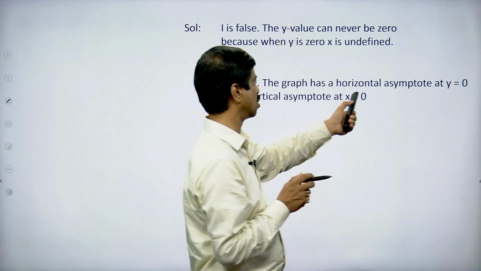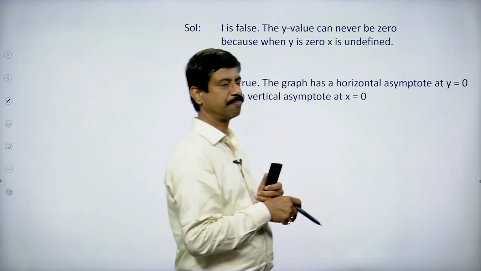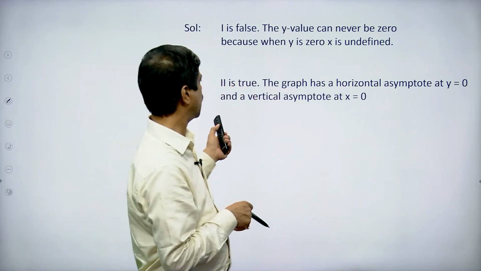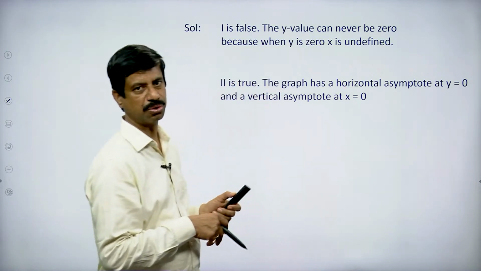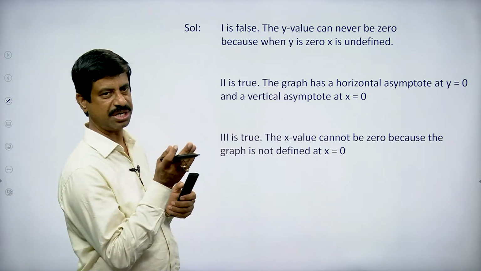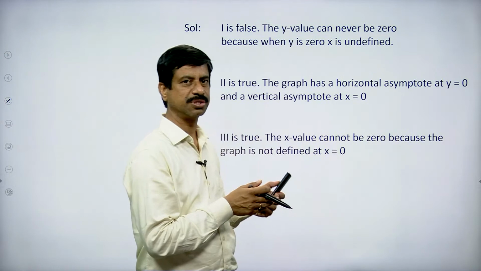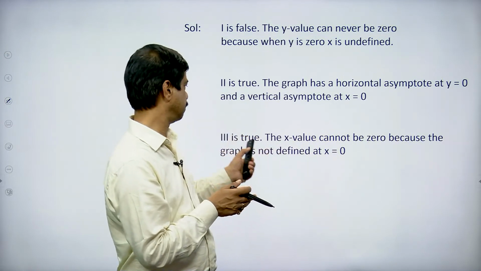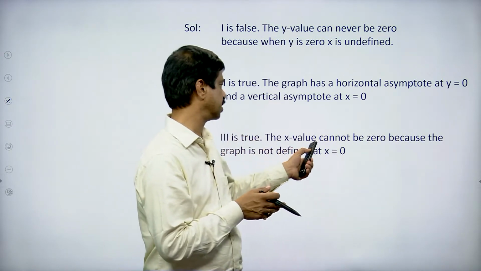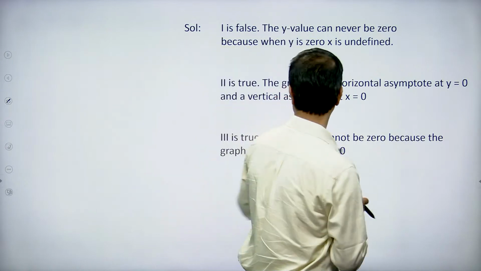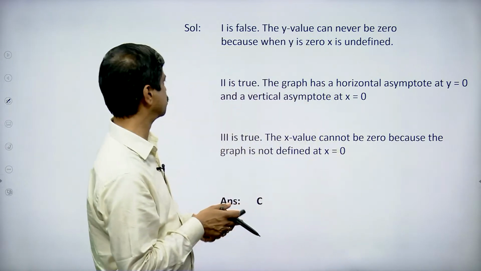So now second one. It is true, the graph has horizontal asymptote y equal to 0 and a vertical asymptote x equal to 0. So asymptotes we did not cover, but it is there in the syllabus. You can take direct values. And 3 is also true, because x value cannot be 0, because graph is undefined at x equal to 0.